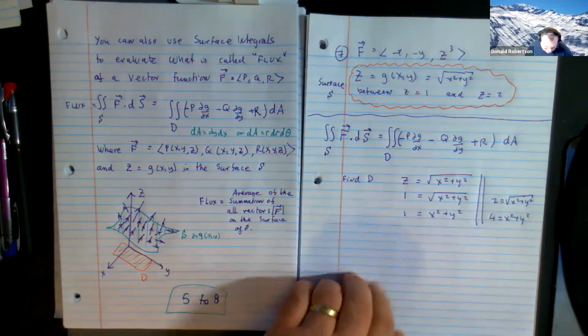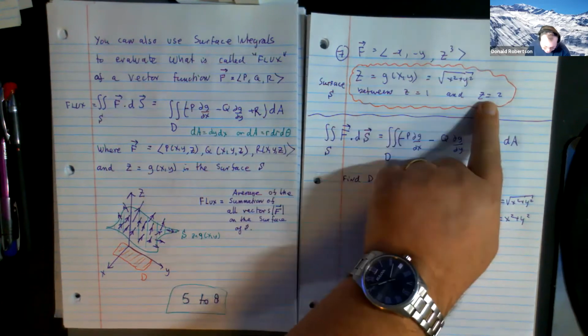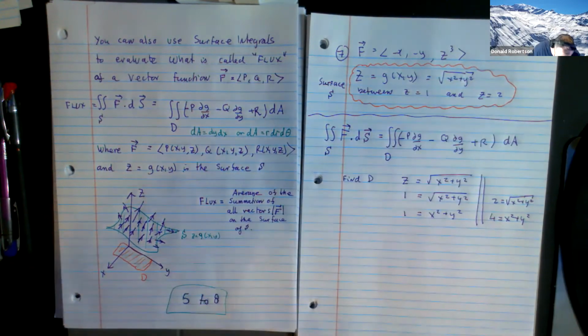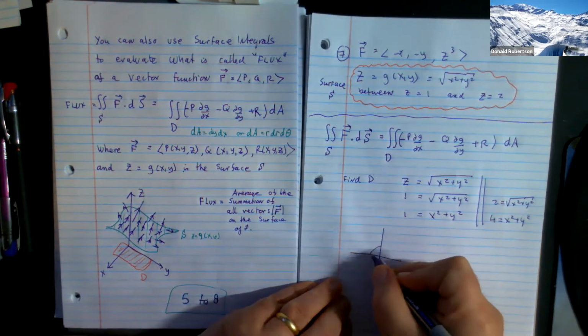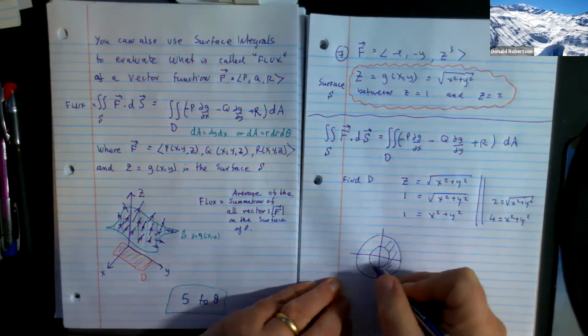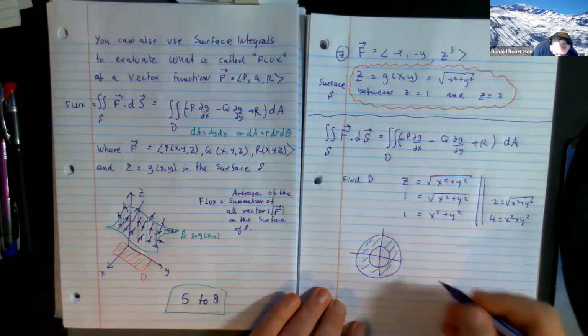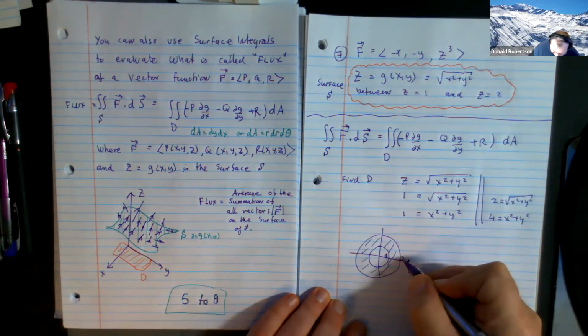So basically, this surface cut from Z equals 1 to Z equals 2, and then you project it onto the floor, you are essentially looking at a donut. And the inside radius is 1 and the outside radius is 2.